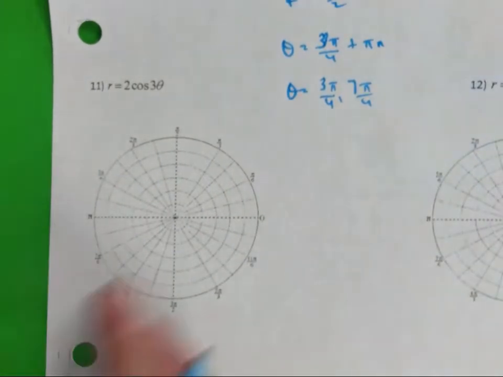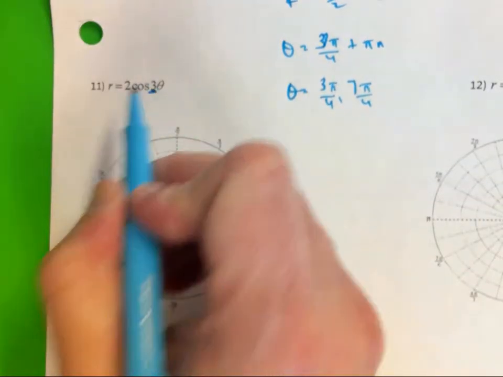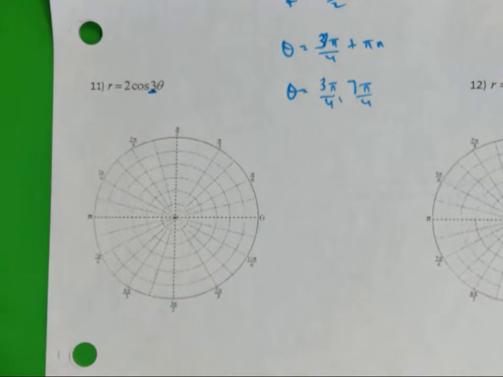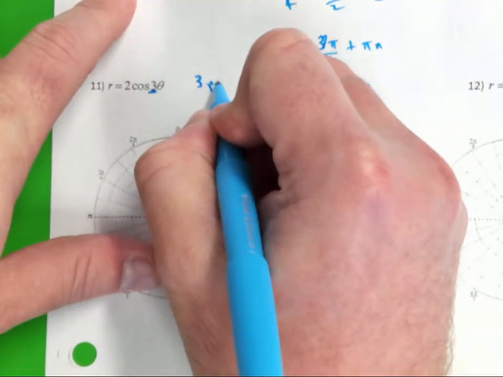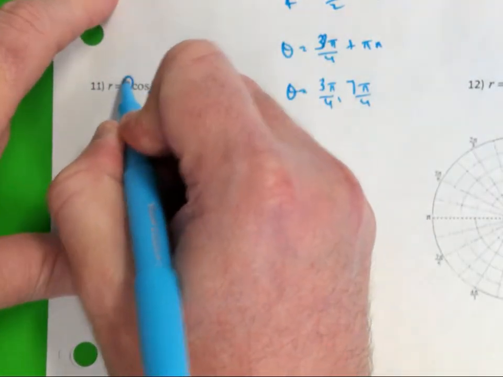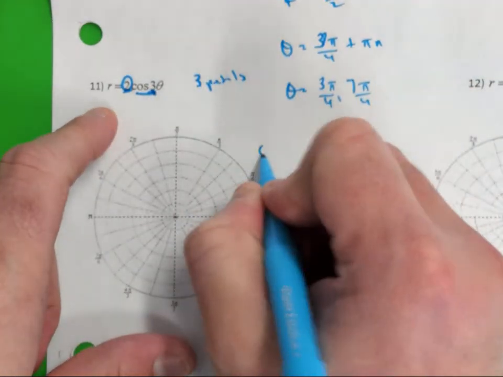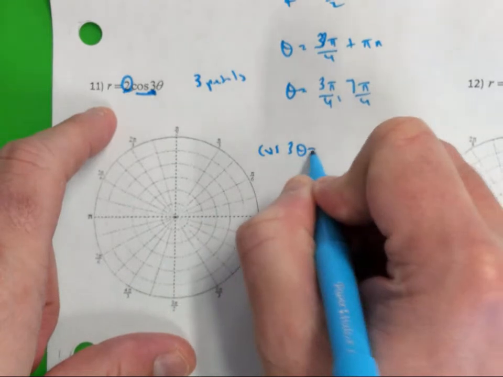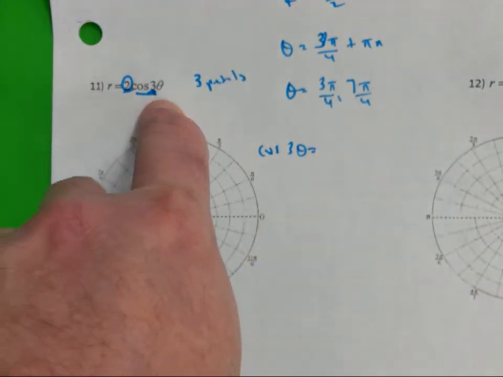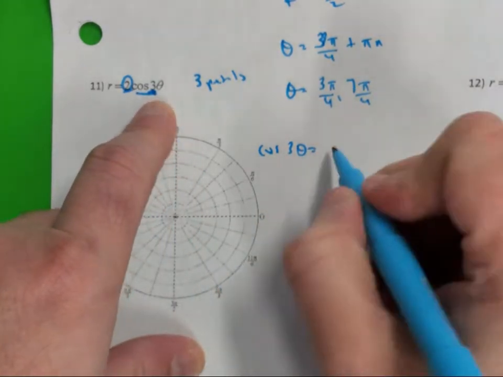Now, number 11, Zach, how many petals do I have there, buddy? It's the one in front of theta. It's odd, so do I need to multiply that? No, you're going to have 3 petals. And they're going to go out to what ring? 2. Alright, so I'm going to set just this part. Cosine of 3 theta equals, do I set it equal to 1 or negative 1 since it's odd? 1.